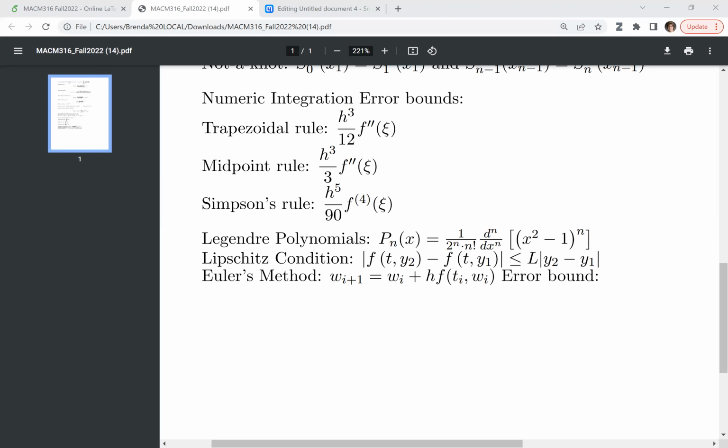Does anybody actually remember that formula from high school physics? No, I'm not joking, somebody might. No? Not a single person?